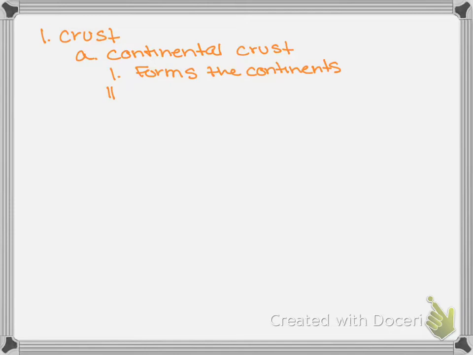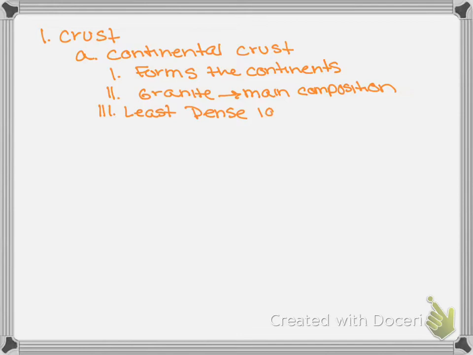The main rock, or main composition, in the continental crust is granite. And this is the least dense layer. It kind of floats on top of those other layers.